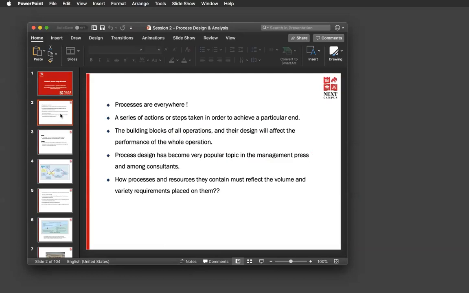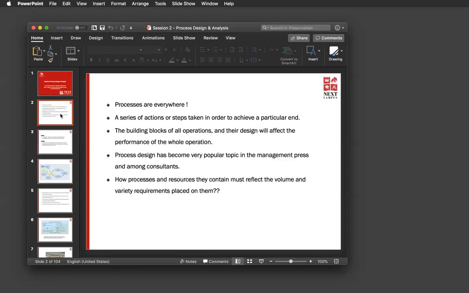So if you take something like a very easy to understand operation, a snack bar. A snack bar, you will have processes. So what is a snack bar? What are the processes in a snack bar?